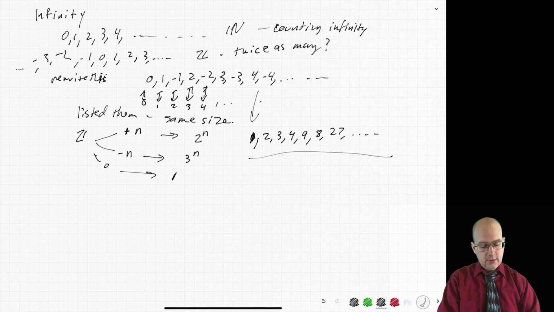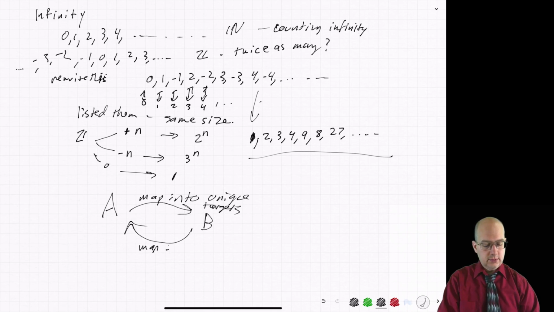So if we've got two sets A and B, each mapping into unique targets in the other, then same size.